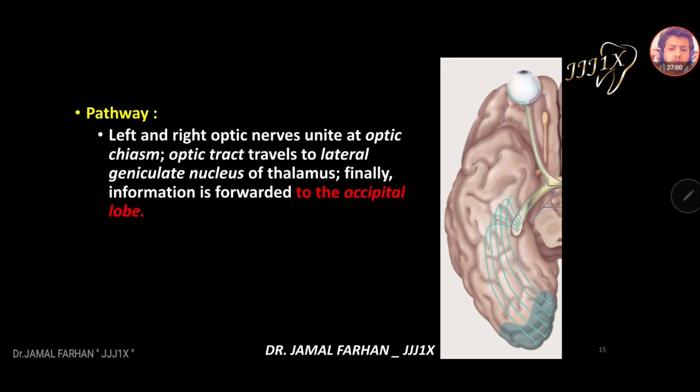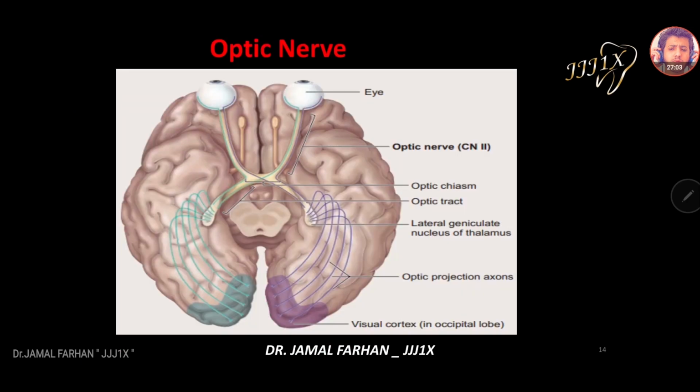I'm not going to read what's written here, but we will explain the pathway on this picture. It starts from the eye, from the retina, it goes through the optic nerve, and then the optic tract, and then it goes to something called the lateral geniculate nucleus of the thalamus.